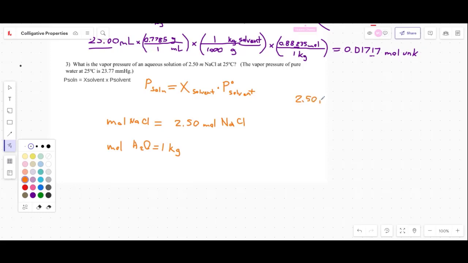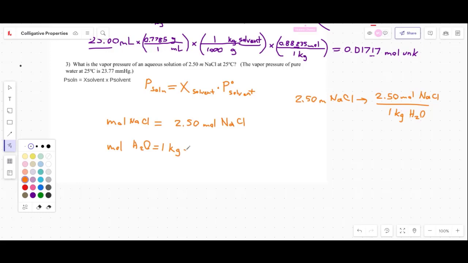The 2.50 molality of NaCl: what Professor Neely was doing is she broke that down and said that means we have 2.50 moles of NaCl per 1 kilogram of water. Because we need to do mole fraction, we don't have to convert the moles of NaCl to anything because it already is moles, but we do have to get the moles of water. Water happens to be the solvent. Yes, thank you for the elaboration and clarification.